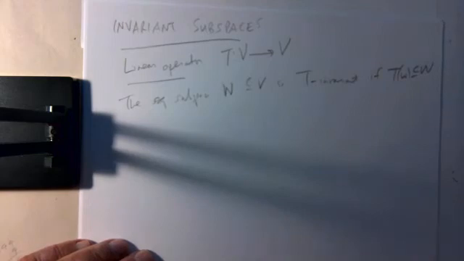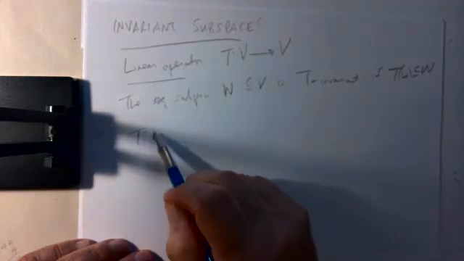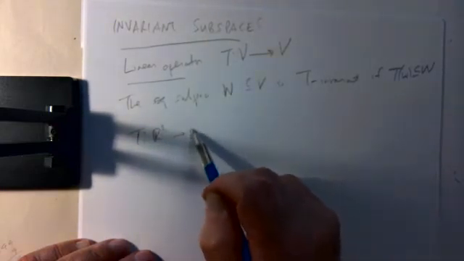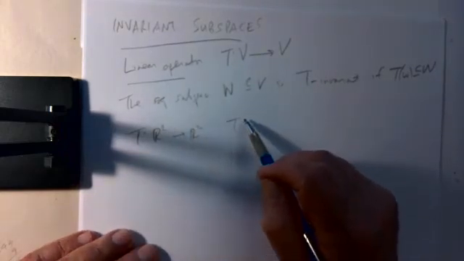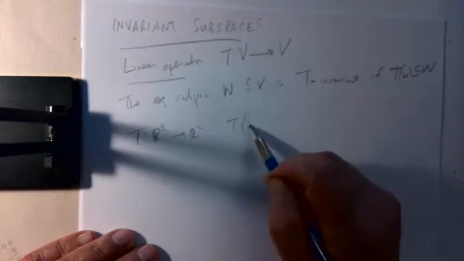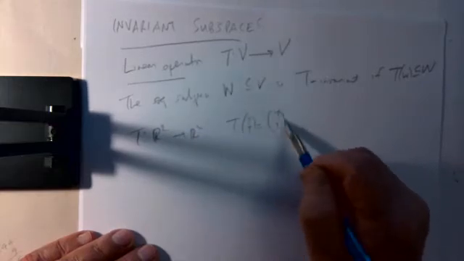Let me give an example. Suppose we take T from R2 to R2 given by the following matrix. T of (x, y) is (y, x).